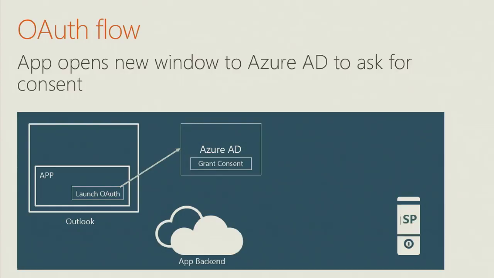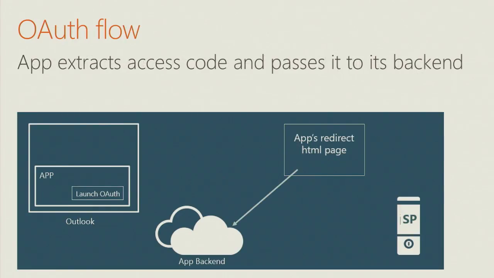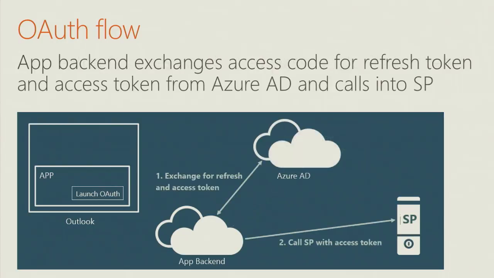So we'll give the user a little launch OAuth button. The user will click it, and we'll take them to Azure AD. It's a static website, and the user will be asked to grant consent. If the user clicks grant consent, then the standard OAuth flow says that now we need to redirect the user back to the app's page. And now, because it's the app's page, the app can grab the access code out of the page and then pass it to its backend.